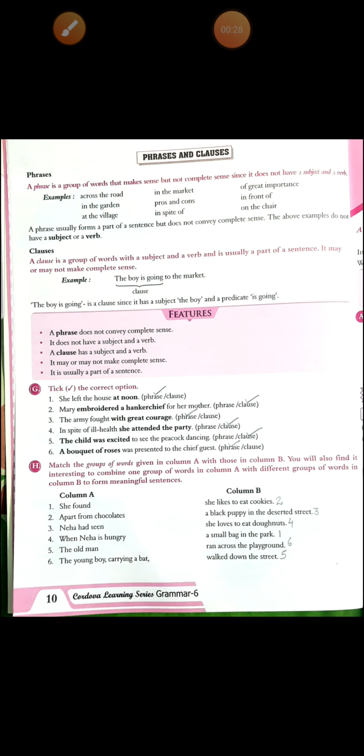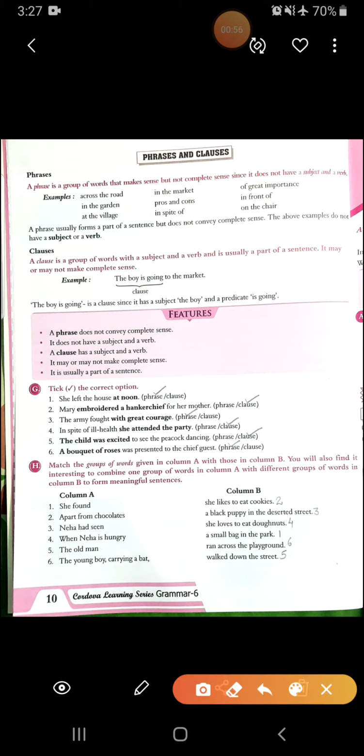Four: assertive or declarative, interrogative, imperative, and exclamatory sentences. This is what we have studied in the previous videos. Now let's see what are phrases and clauses. This is what we are going to study here in this part.